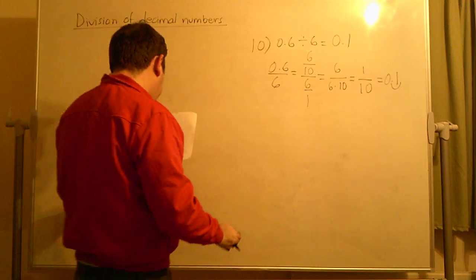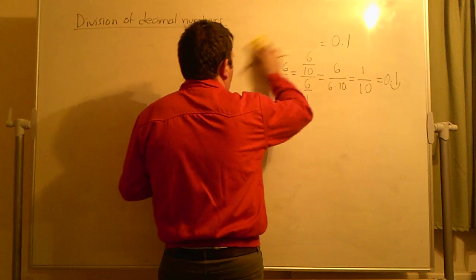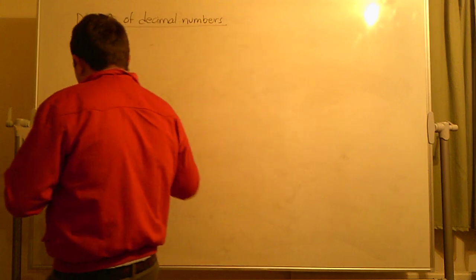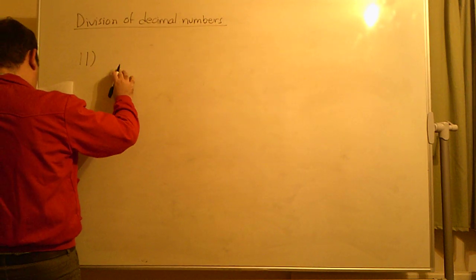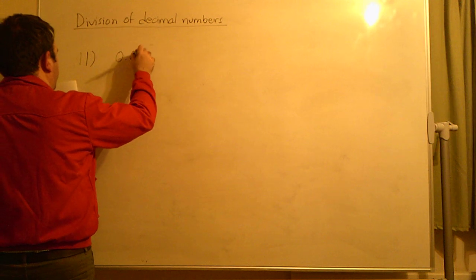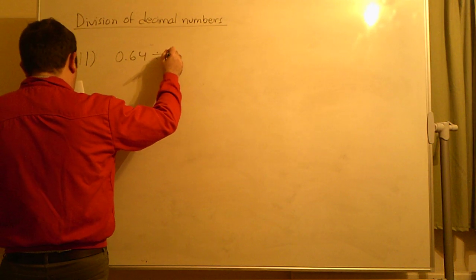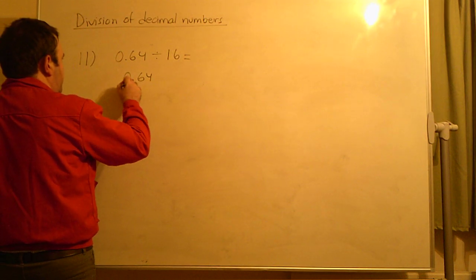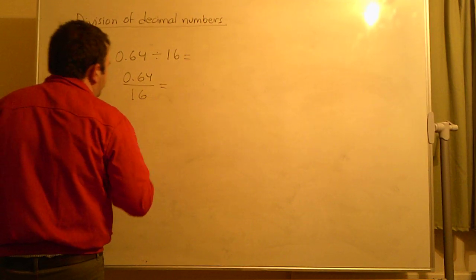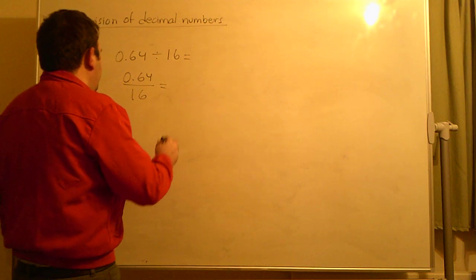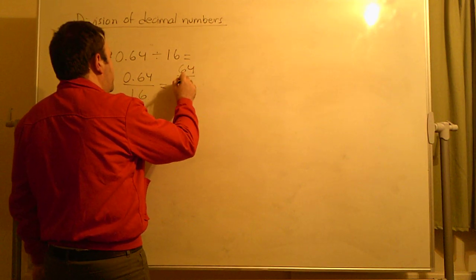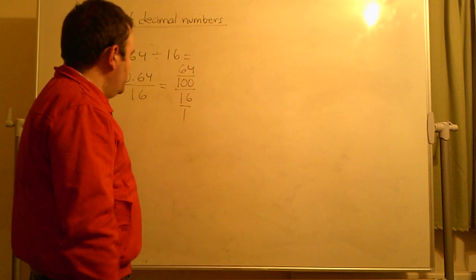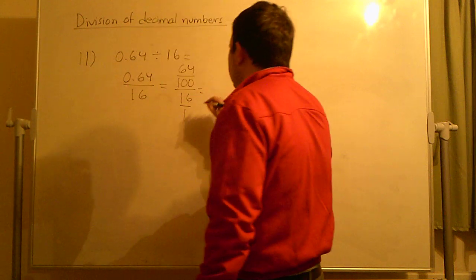And now finally, this example, which is 0.64 divided by 16. So we write down 0.64 divided by 16. So this would be 64 over 100 divided by 16 over 1.